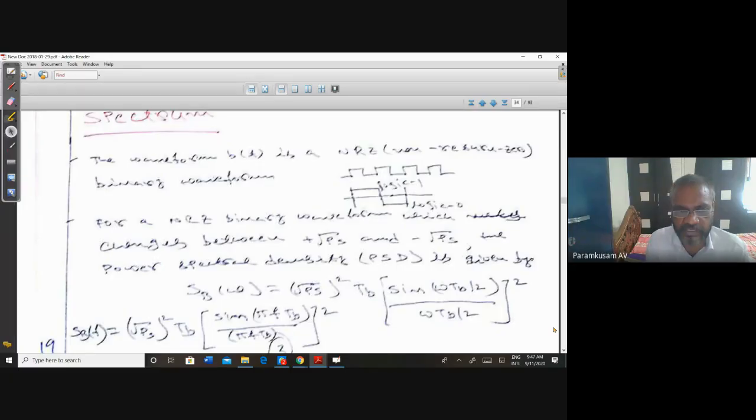Please note down: the waveform B of t is a non-return to zero (NRZ) binary waveform.